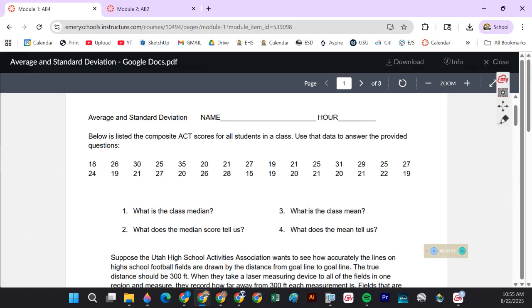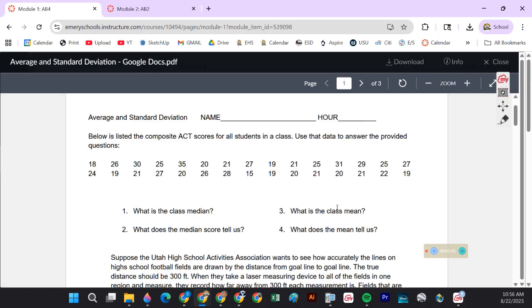Okay? What is the class mean? 23.3 repeating. So that's the average. What does the average tell us? If all of the points were distributed evenly, everybody would get 23.3. Okay?